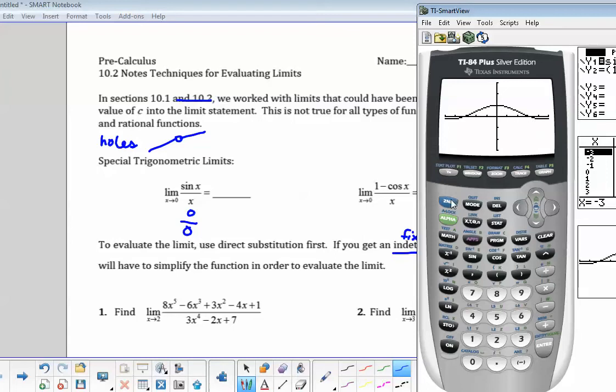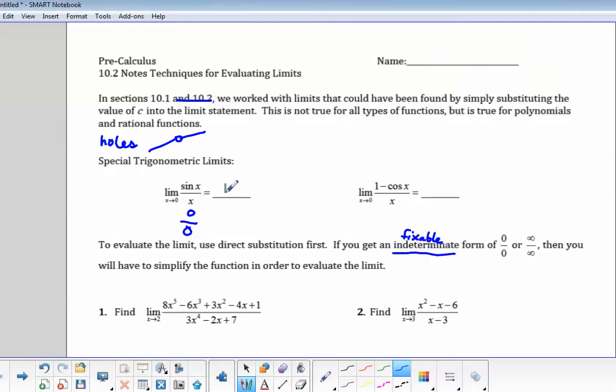And if you look at the table of values, you'll see that there's actually an error when x is 0, and that's because of a hole. But it is approaching a y value of 1. So the limit as x approaches 0 of sine x over x is 1, and that's just one that you're going to need to memorize. Memorize these.